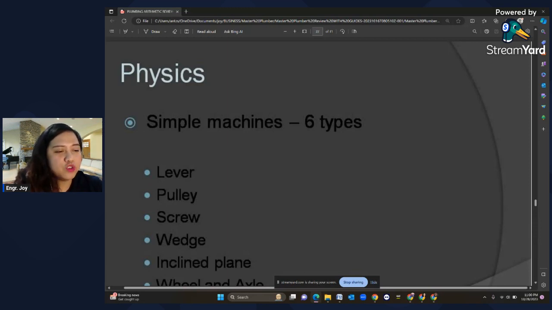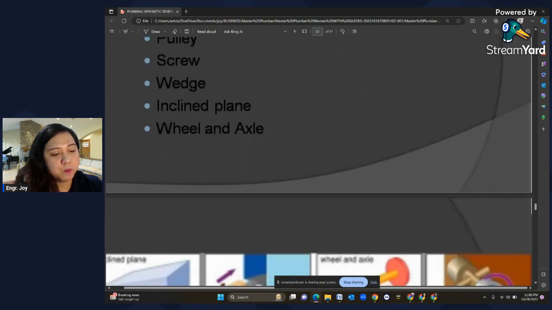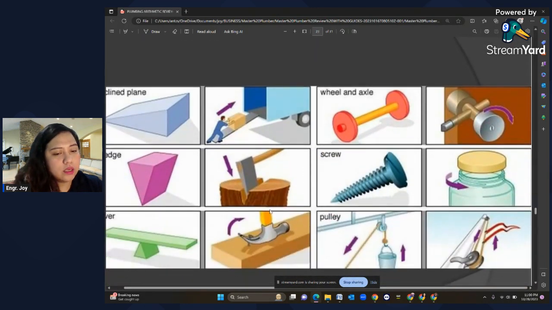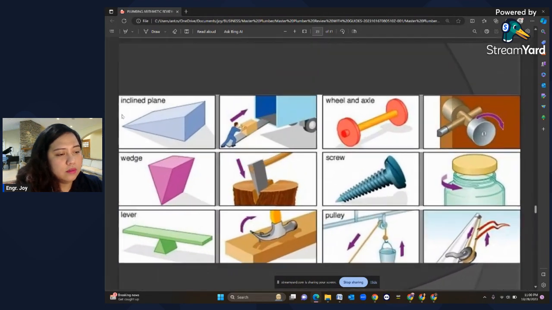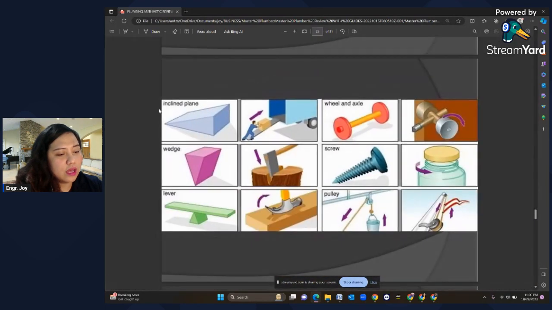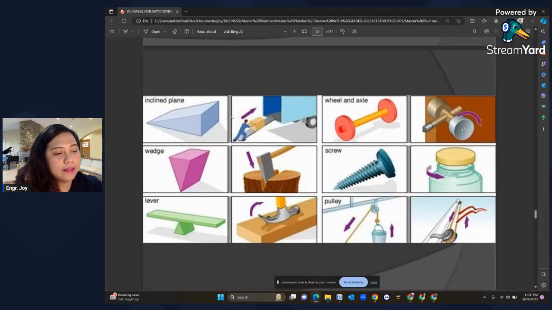Pauna lang to. So, sa P6, it's simple machines. High school pa tayo, meron na nito. 6 types, which is yung lever, yung pulley, screw, wedge, inclined plane, wheel and axle. Okay. So, pag inclined plane, usually parang ito, yan, 'di ba? Pagka sa pataas. Yung inclined plane.